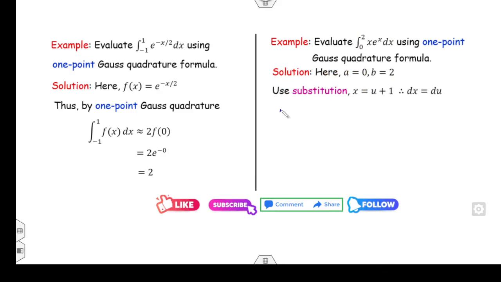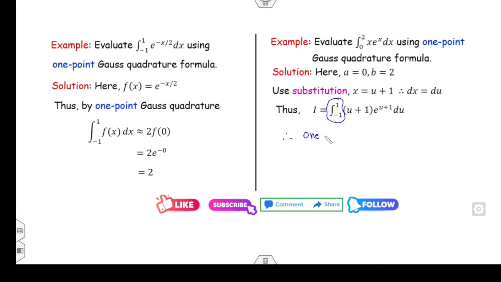Now you can substitute the values in the given function. So it is the integration from -1 to +1 of x e raised to power x. The value of x is u plus 1, so we get (u plus 1) e raised to power u plus 1, and dx will be du. Now the limits are from -1 to +1.